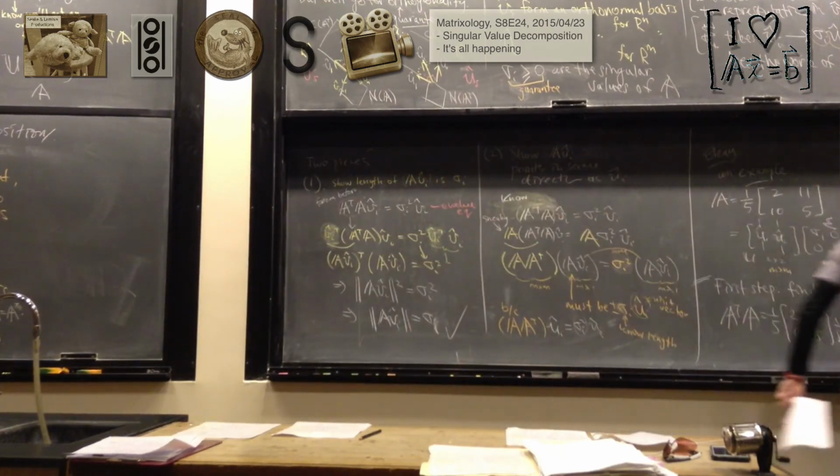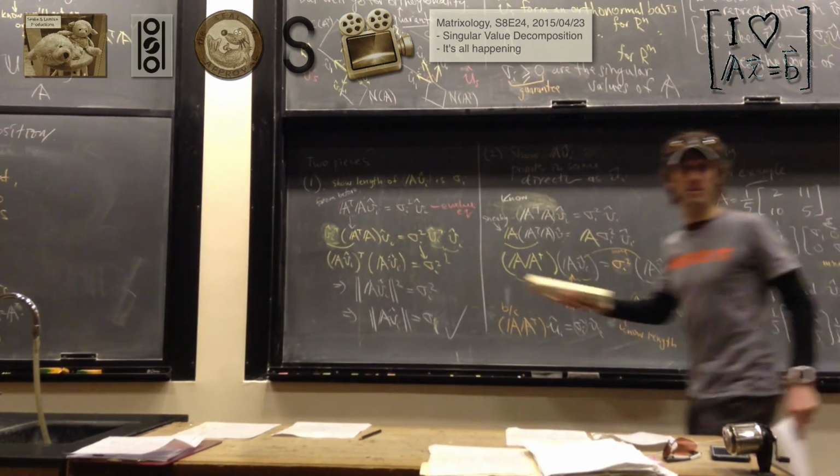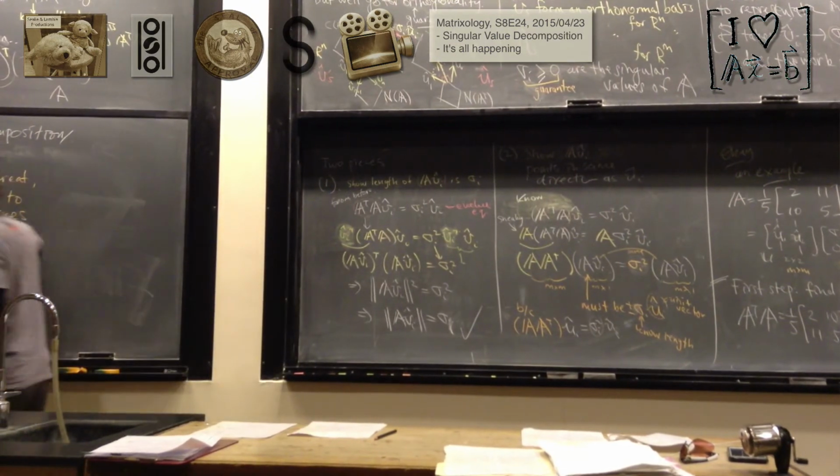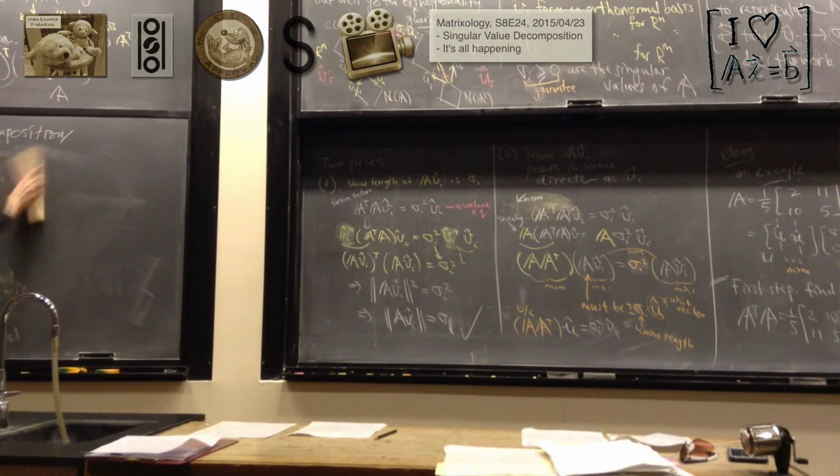Okay, so we have to do a little eigenvalue stuff. It's going to look a little horrible, so let's do it in a sneaky way. So A transpose A should look something like 2/25.